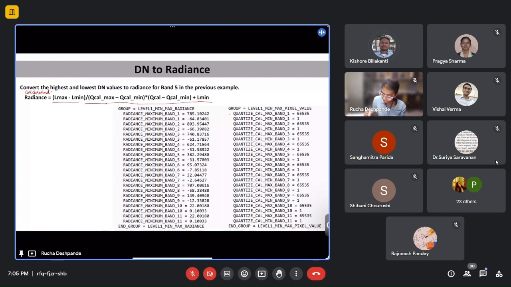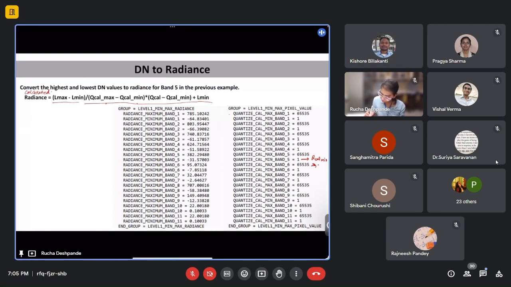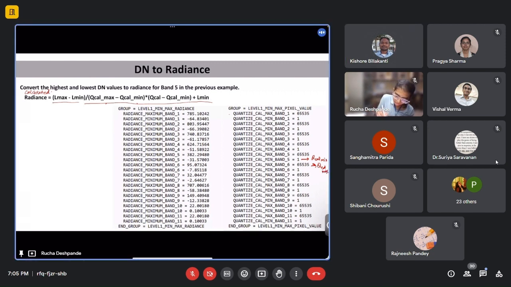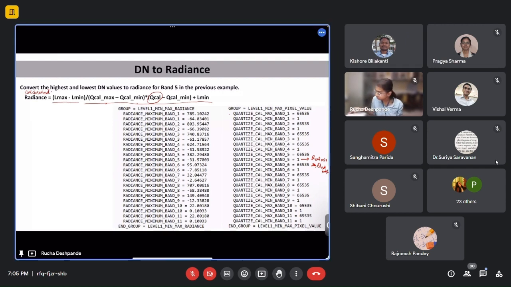For band 5, this is QCal min and this is QCal max. And QCal is the DN value.